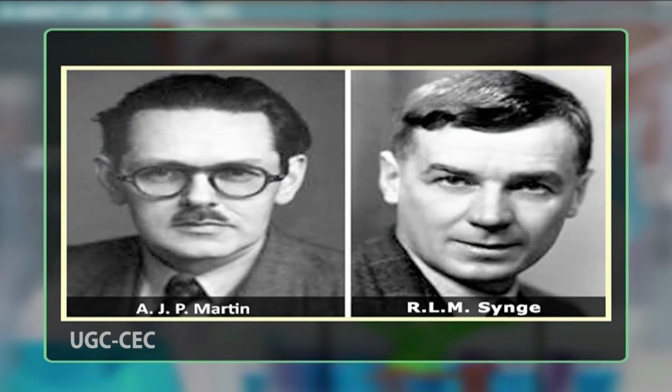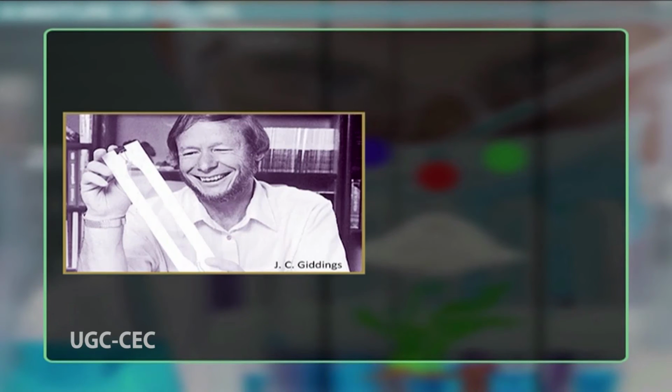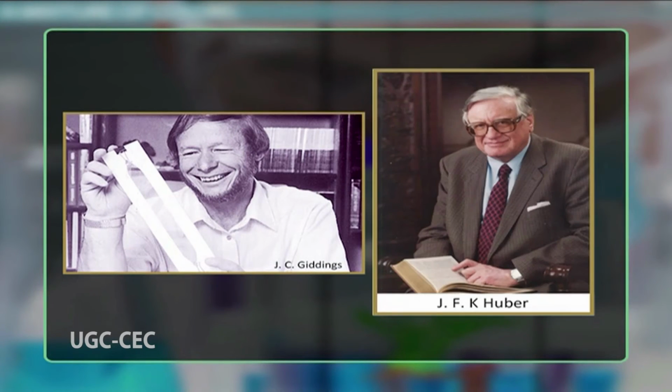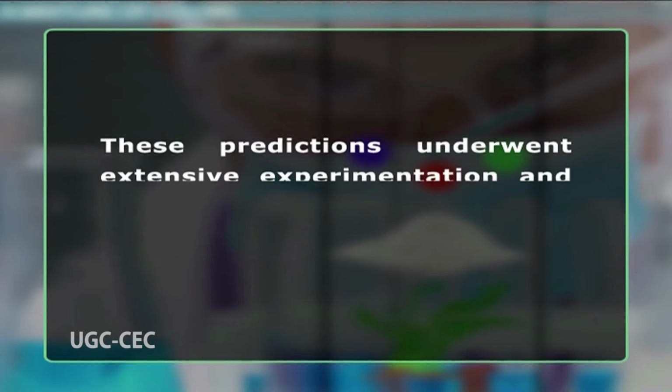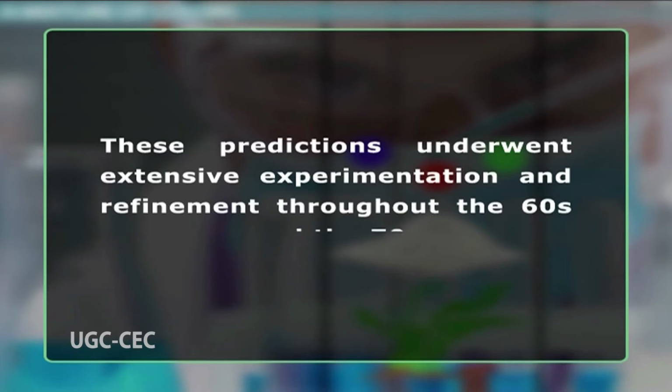Following on the seminal work of Martin and Synge in 1941, it was predicted by Carl Giddings, George Huber and others in the 1960s that LC could be operated in the high efficiency mode by reducing the packing particle diameter substantially below the typical LC and GC level of 150 µm and using pressure to increase the mobile phase velocity. These predictions underwent extensive experimentation and refinement throughout the 60s and the 70s.